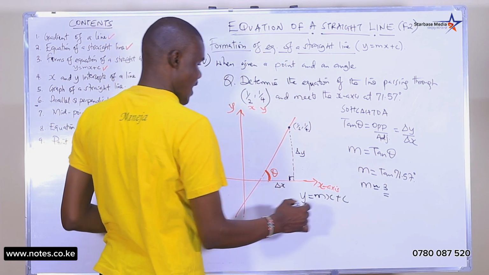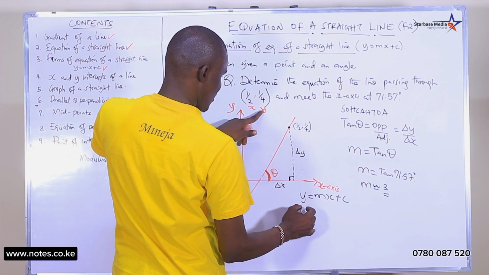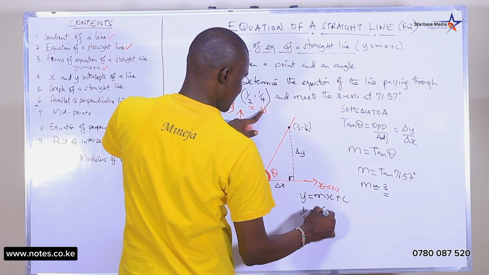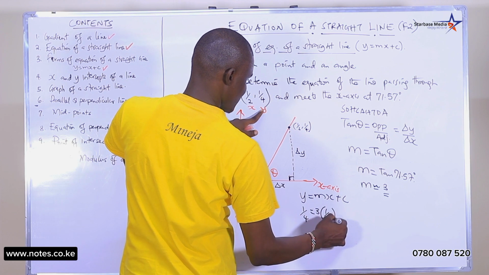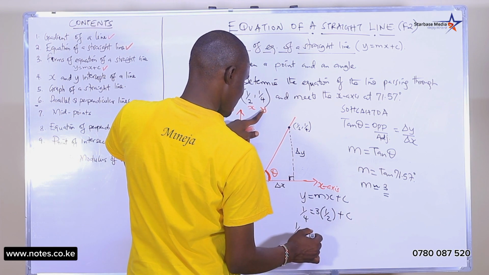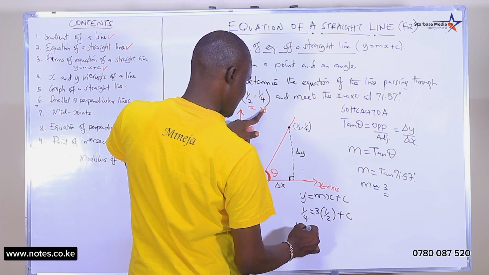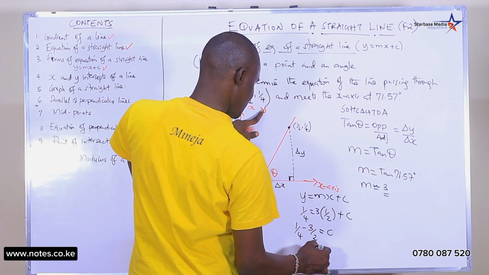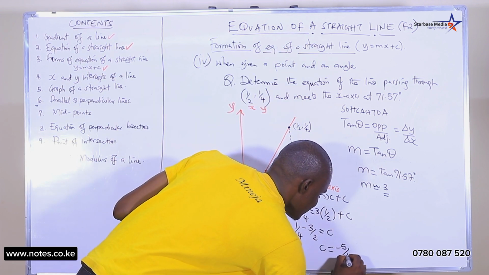Then you replace y. Y is a quarter equals m is 3 into x a half plus c. You bring that a quarter here. Yes, Castro, you can press that. Minus 3 over 2 equals c. What is c? Negative 5 over 4.